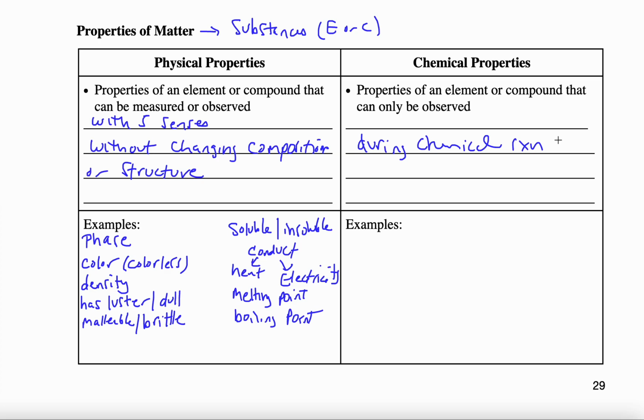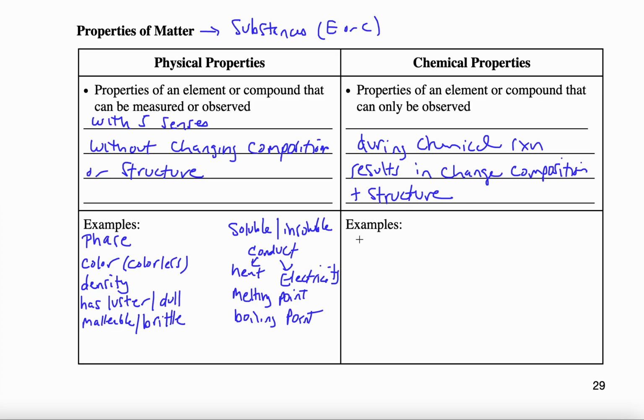So that means the only time that we observe this type of property is in a reaction, and it results in a change in the composition and structure. So that means the type of atoms or their ratio and how they're bonded is changed. So whatever substance we start with, it's not the same substance we end with.